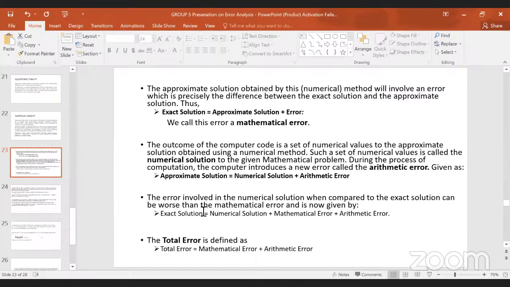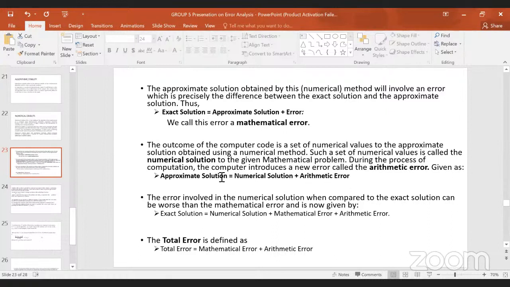Now the error involved in the numerical solution when compared to the exact solution can be worse than the mathematical error and is now given by: our exact solution equals our numerical solution plus mathematical error plus arithmetic error. And don't forget our approximate solution equals numerical solution plus arithmetic error.